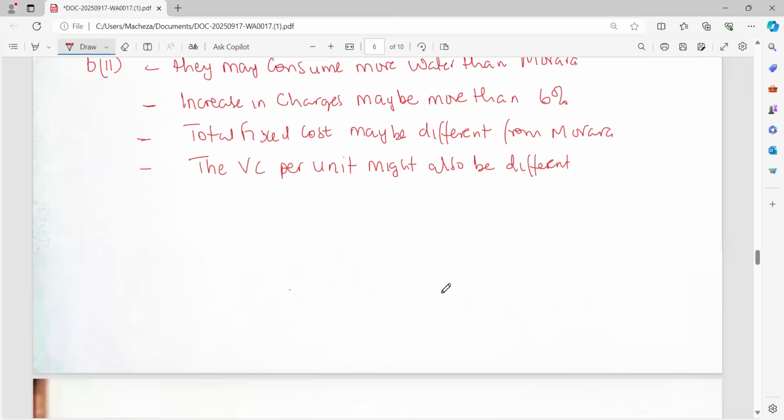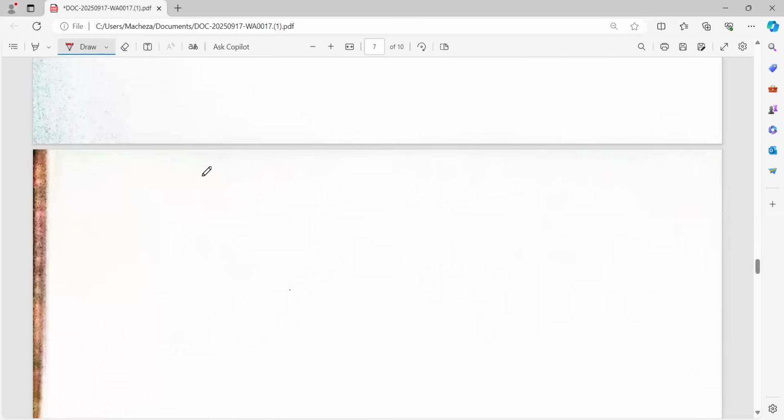So that is going to be our C. In our C, what are we doing here? We are trying to advise on the minimum transfer price.